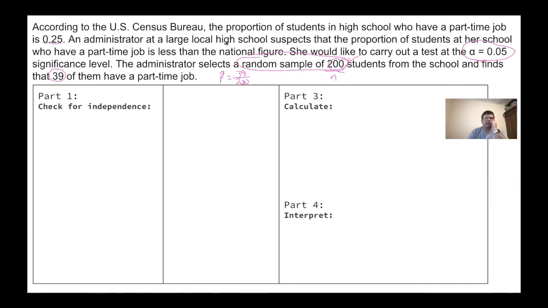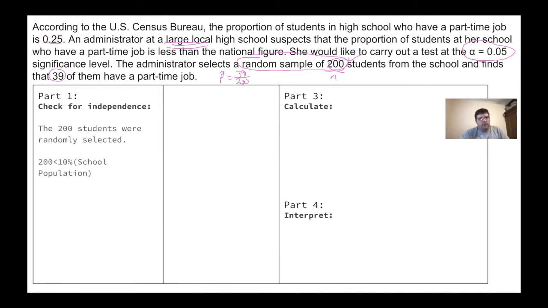We have a part-time job at a large local high school. We don't know what that might mean. It would be more than 10% at students at Lakeside, I know that, but at Bryant it would not be, for example. Bryant is certainly larger. 200 students were randomly selected, I found that in the passage.